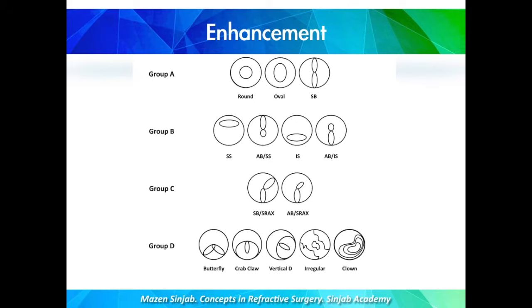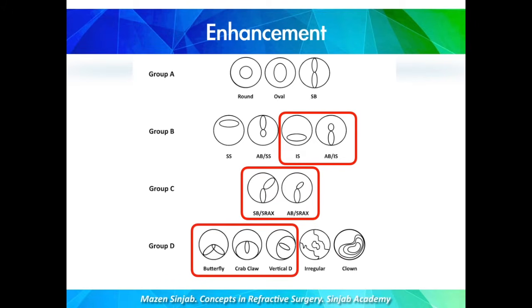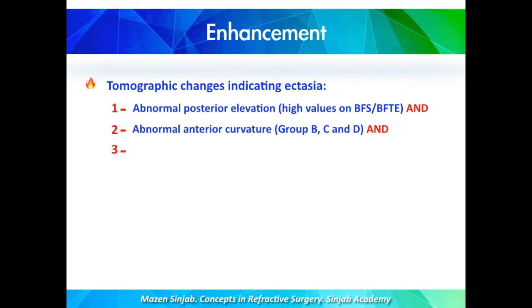Now, to say that these patterns are one of the parameters for ectasia definition, it must be either inferior steep or asymmetric bow tie inferior steep, or symmetric bow tie with skewed radial axis or asymmetric bow tie with skewed radial axis, butterfly, crab claw, vertical D, or clone. So these patterns are a hallmark for ectasia when they accompany the other parameters.